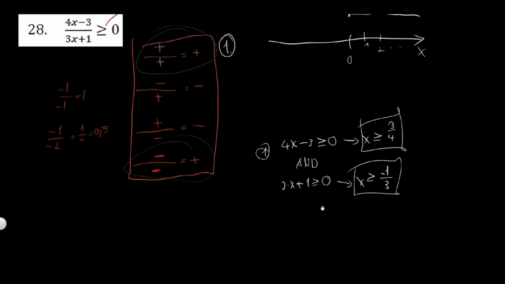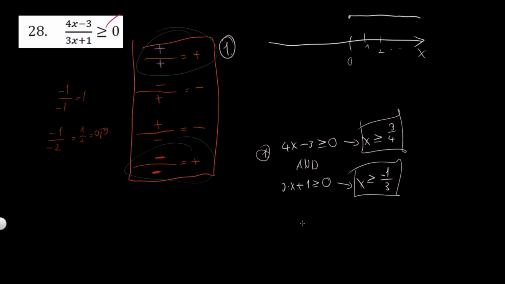You will get positive numbers. But of course, we have to say that 3 times x plus 1 cannot be equal to 0. So we have to delete the equal sign from here, because the denominator cannot be 0. You cannot divide anything by 0. So you also have to erase the equal sign from here as well.